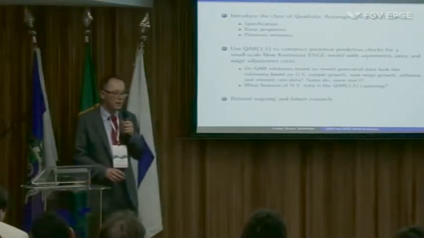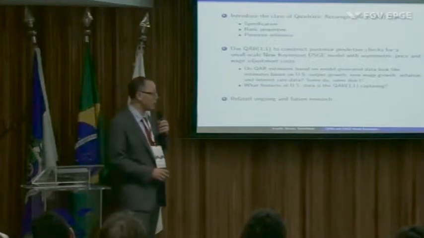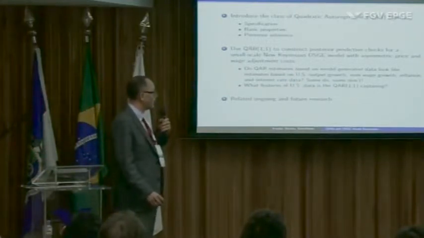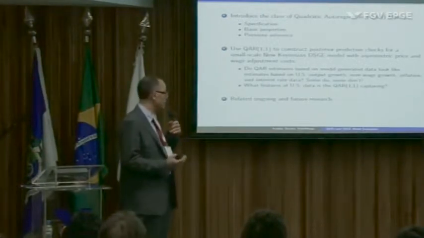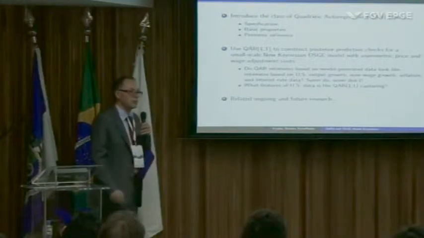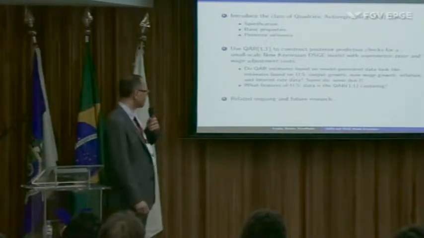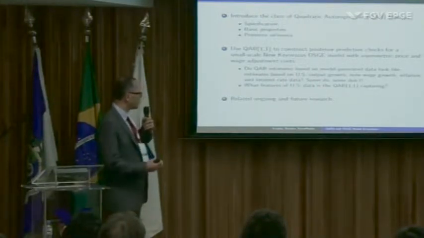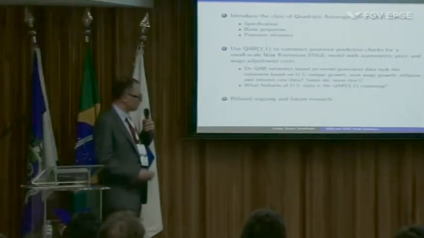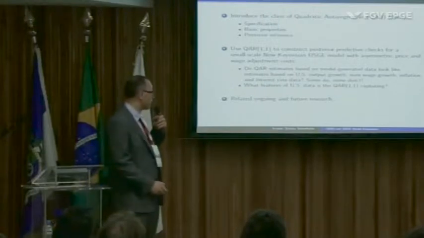Well, do they look like estimates that you would get if you were to use US data? And then there's a way of formalizing this basic idea, and we formalize it using these posterior predictive checks. So I'll talk about that, and in the end I'll give some summary and outlook.